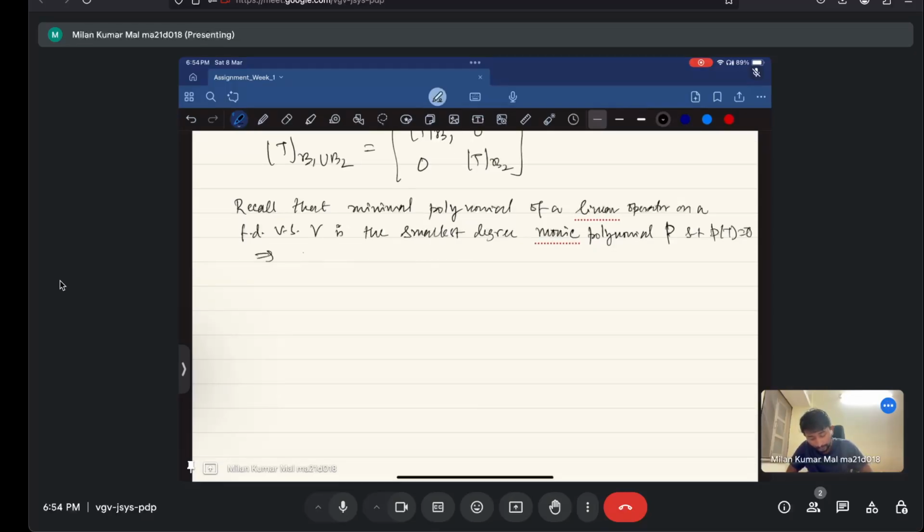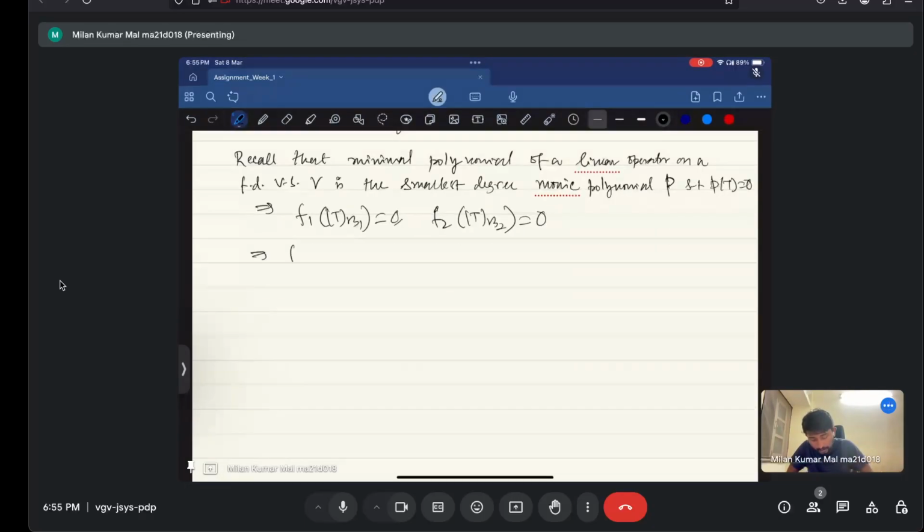Therefore, f1 of T beta 1 will be 0, and f2 of T beta 2 is 0, and f1 and f2 are the smallest polynomials for which these two happen. So if f of T wants to be 0, then f must be of the form f1 times f2.